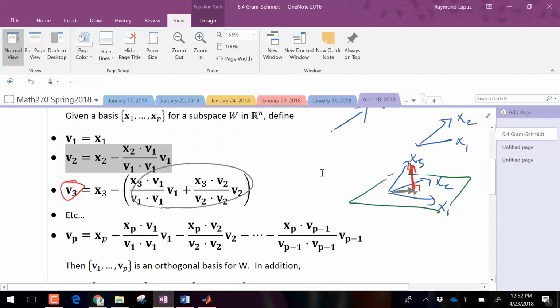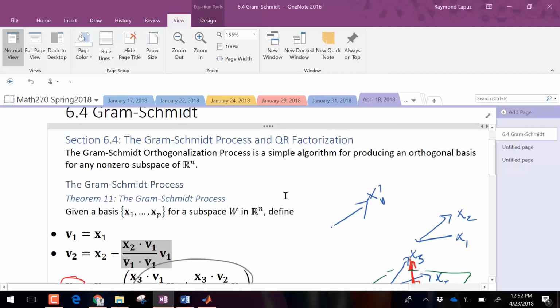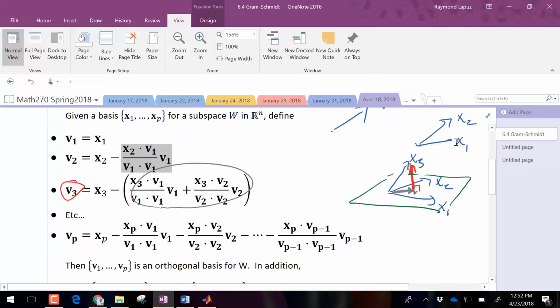Now, the orthogonal projection onto vector v1 is just this part, but remember, when you subtract the orthogonal projection from your new vector, the result is going to be perpendicular. In this picture, we have those two vectors that we're going to make perpendicular. And so now this new vector is v2, and it's orthogonal to v1.